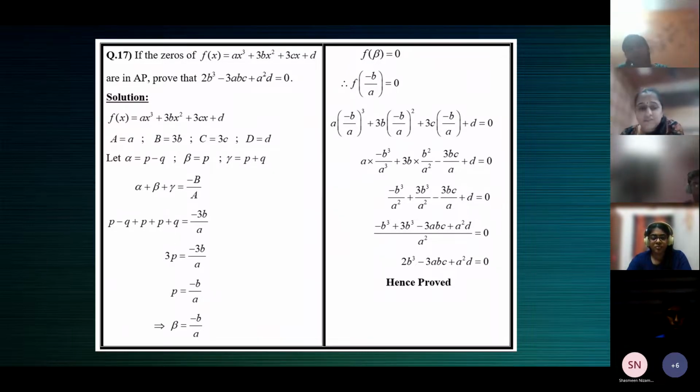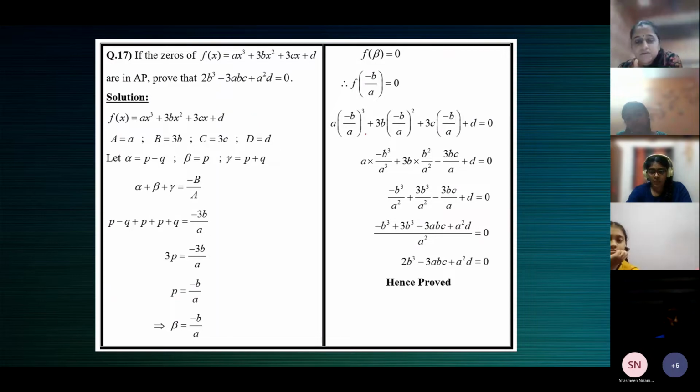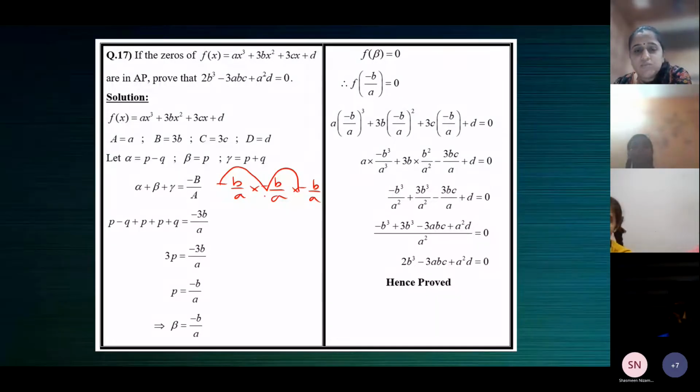The simplification I'll just explain. When it is minus b by a the whole cubed, it means minus b by a into minus b by a into minus b by a. Minus into minus is plus, plus into minus is minus. So b cubed by a cubed, with a minus sign.